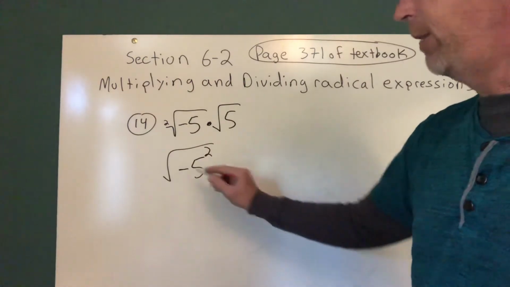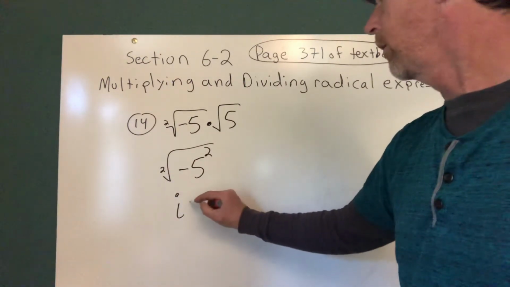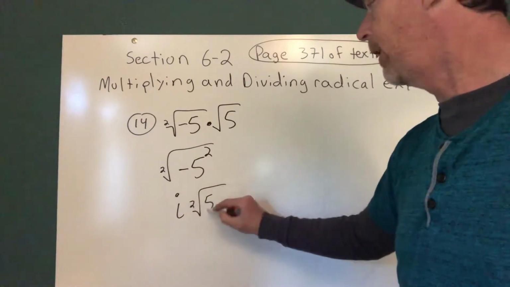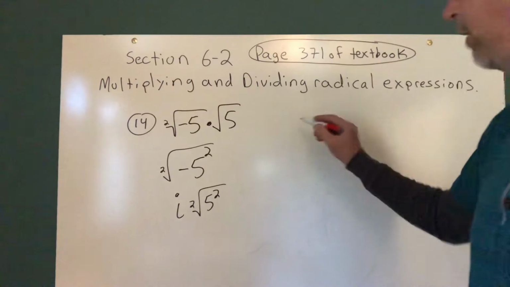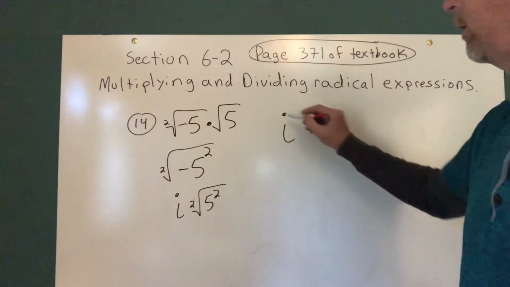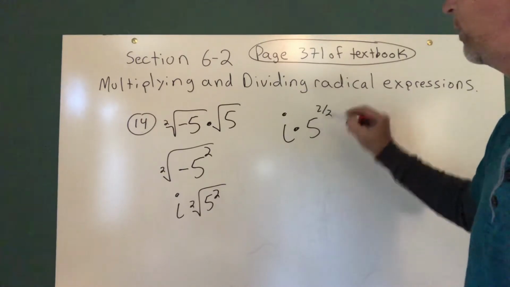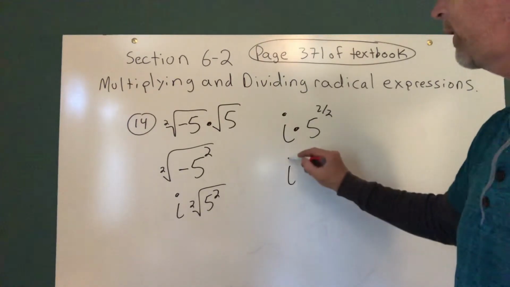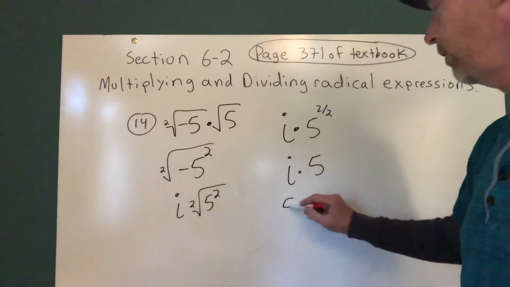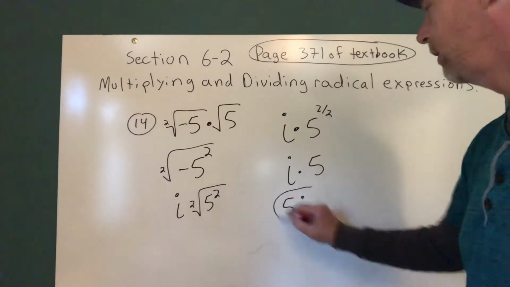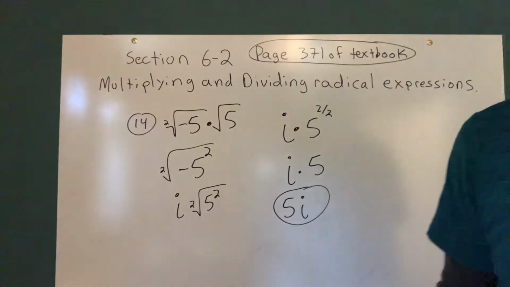This part's i, and then the square root of 5 to the second, which of course is simply i times 5 to the 2 over 2, which is i times 5, which is 5i. 14 would be 5i.